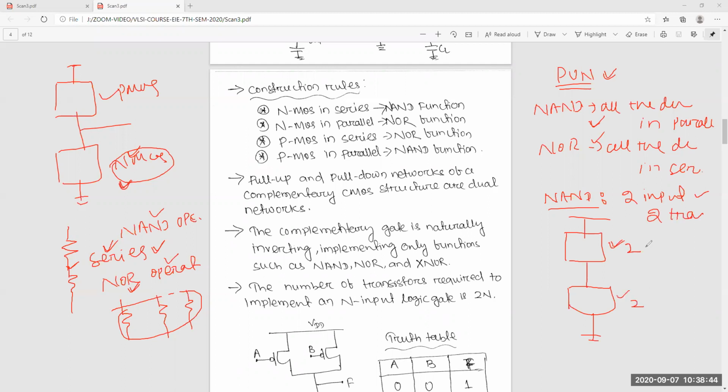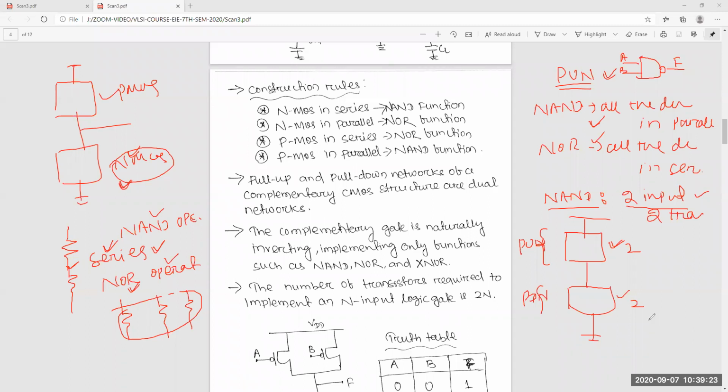Here two transistors, here two transistors. This is A, B and the output F or Z. So this NAND gate is nothing but a combination of a pull up network and a pull down network. So how will I design that? This is your PDN.